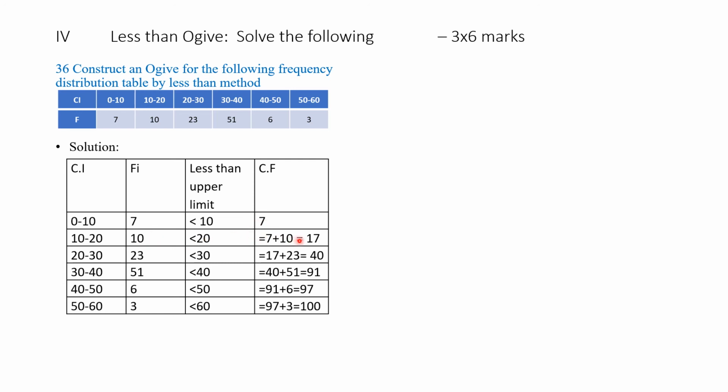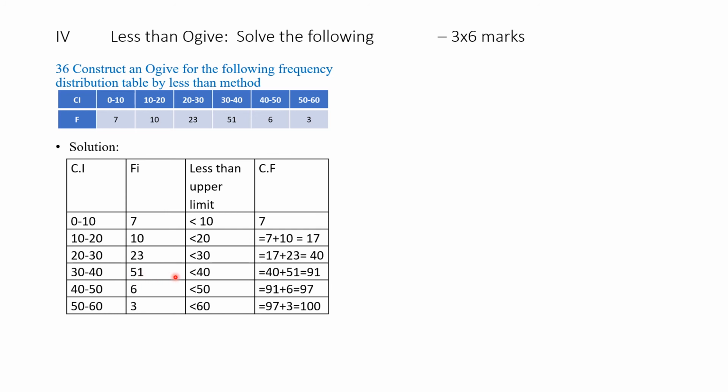Okay, 17. Then the next highest is 30. So, less than 30 is the balance. There are 23 in this category. Therefore, you have to add 17 and 23. Less than 30 are 17 plus 23, that is equal to 40. The next upper limit is 40, and between 30 and 40 there are 51 in the class frequency.